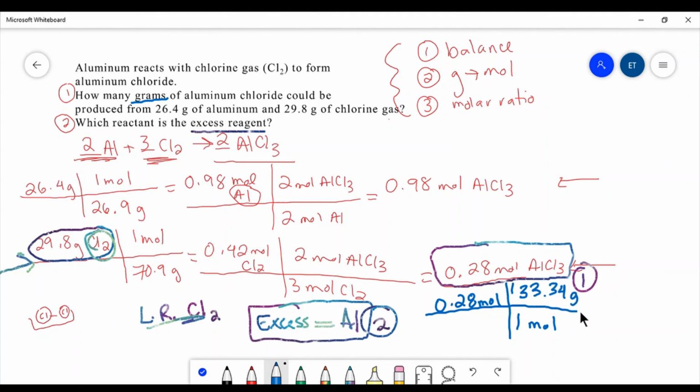Okay, so 133.34 grams per mole. And then once you multiply, you are going to have a total of 37.34 grams of aluminum chloride. Okay, so that's the maximum amount in grams of aluminum chloride that can be produced.